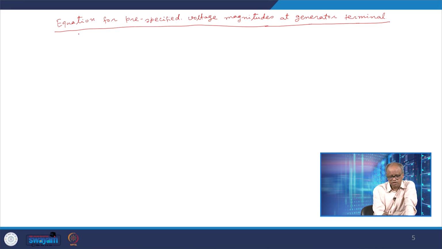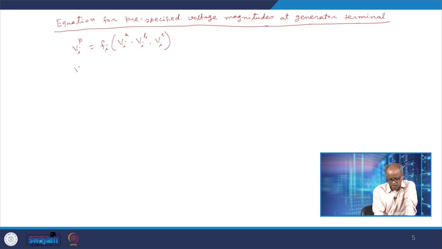There can be different types of functions. So what I say is that ViP would be some function Fi of ViA, ViB, ViC. This function takes these three values and gives only one single quantity.